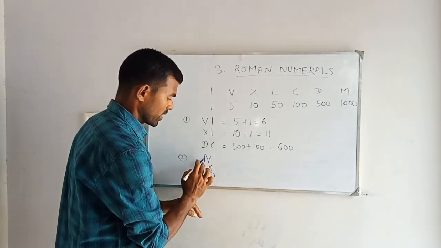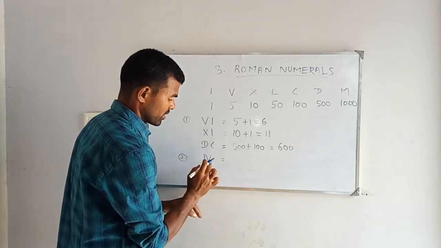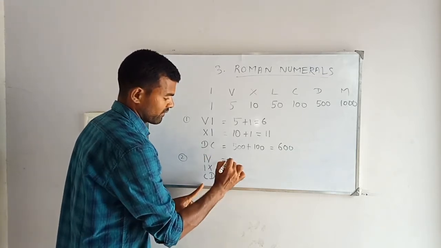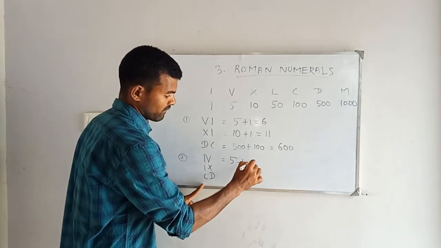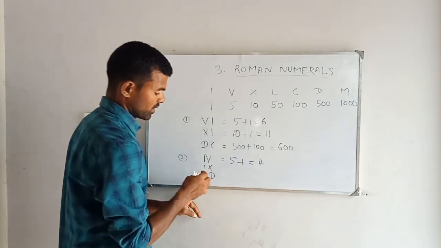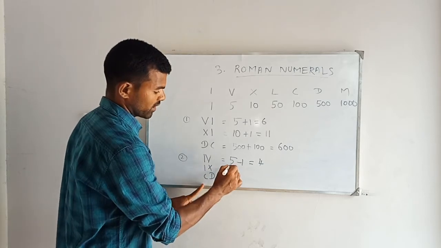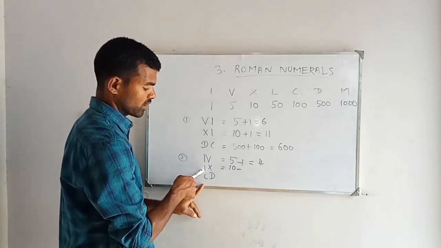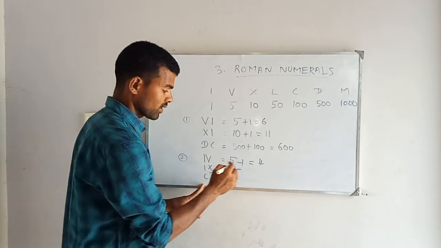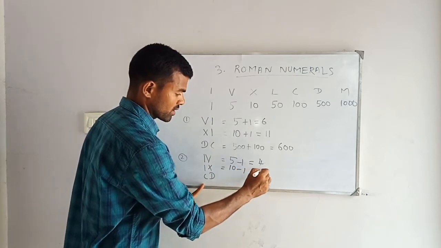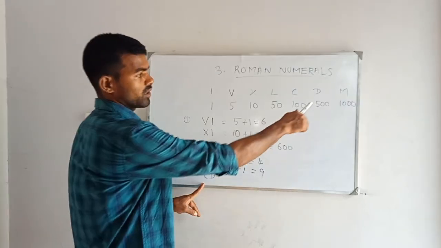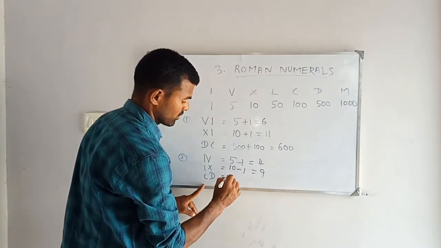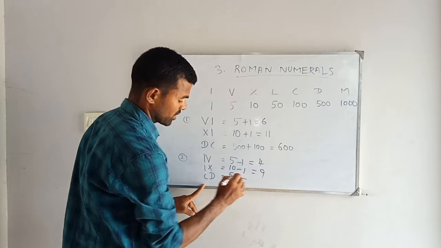Here IV: the bigger number is 5. From 5, you have to subtract 1. 5 minus 1 is 4. Here the X value is 10. From X, you have to subtract 1. 10 minus 1 is 9. Here the bigger D is 500. So from 500, how much do you have to subtract?